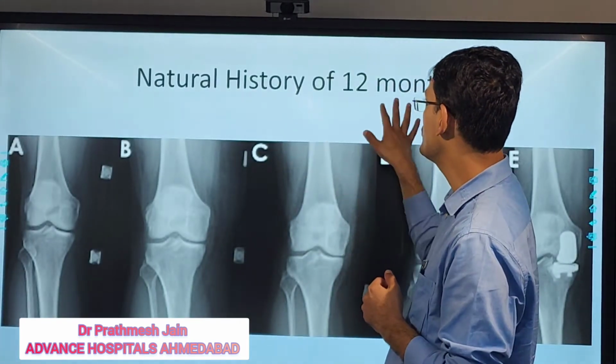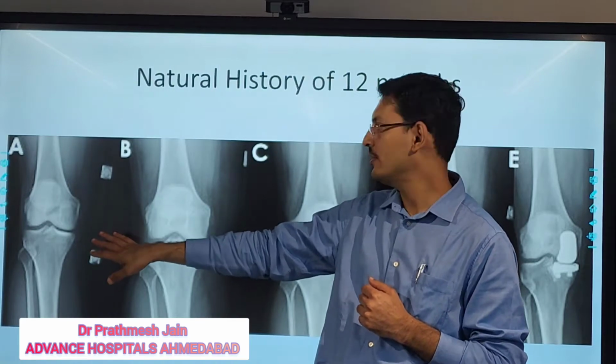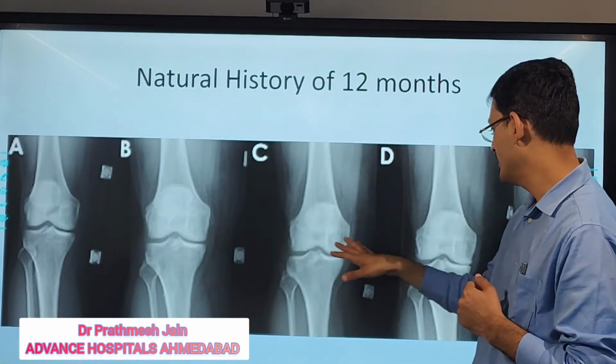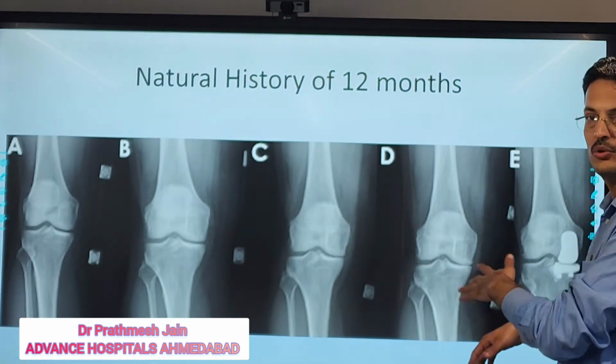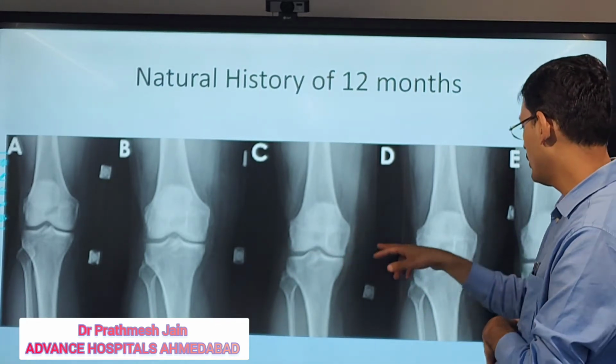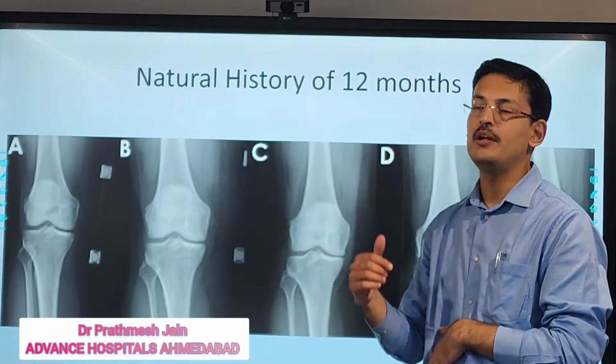So, a natural history of 12 months. This is a patient who had an injury to the root, and it progresses over approximately 1 year. It has a rapid onset of progression. These patients, if left untreated, will progress very fast.